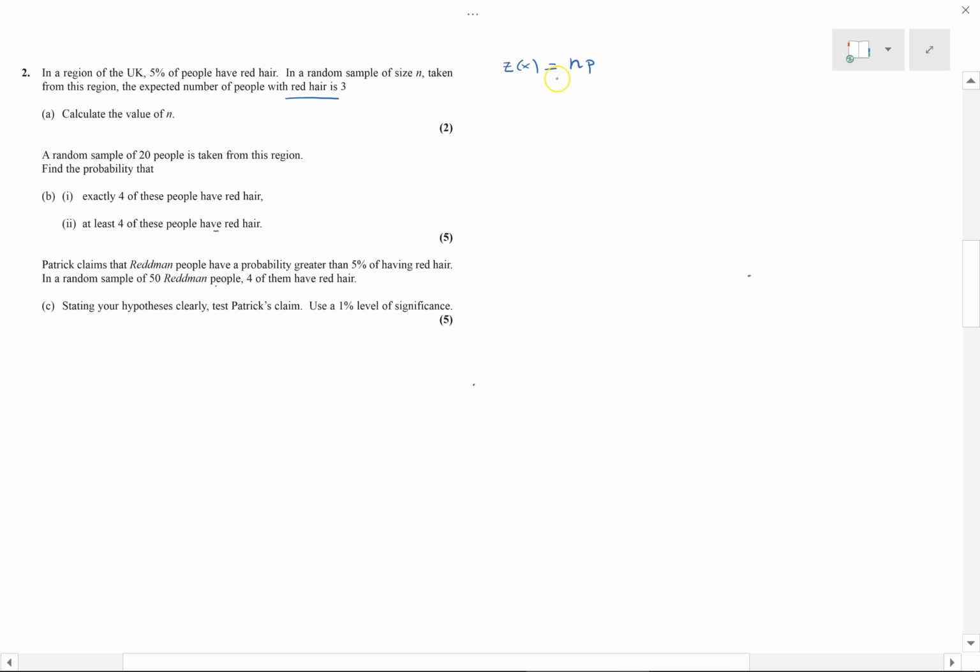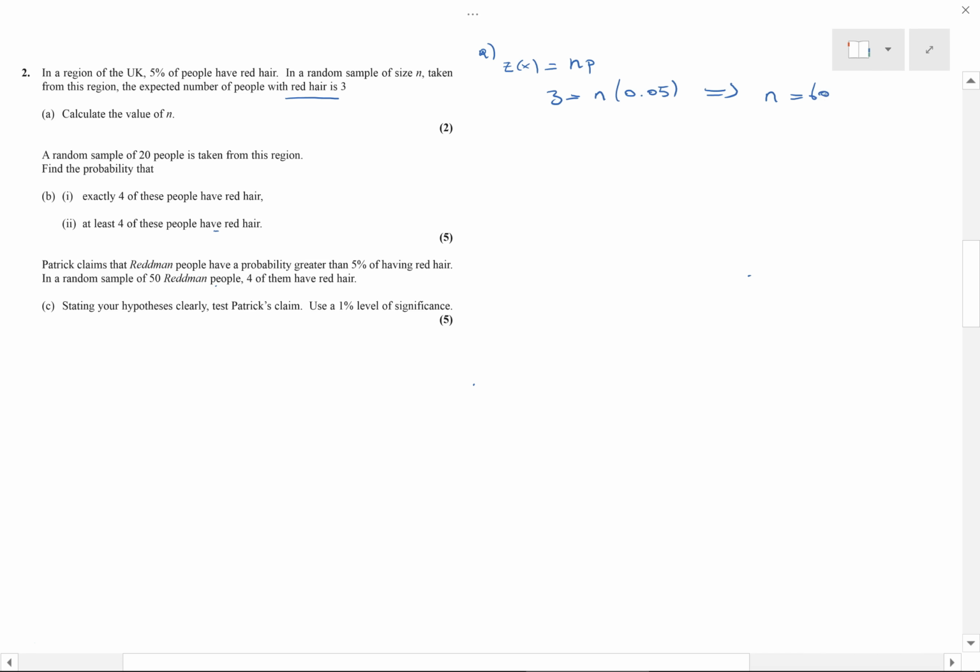So we have 3 equals n times 0.05. So for part A, n equals 3 divided by 0.05, which is equal to 60. Nice easy 2 marks there.